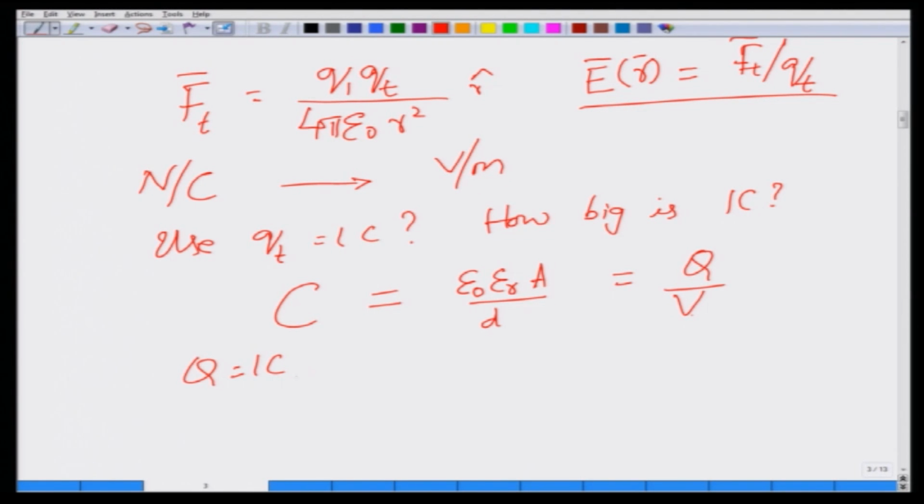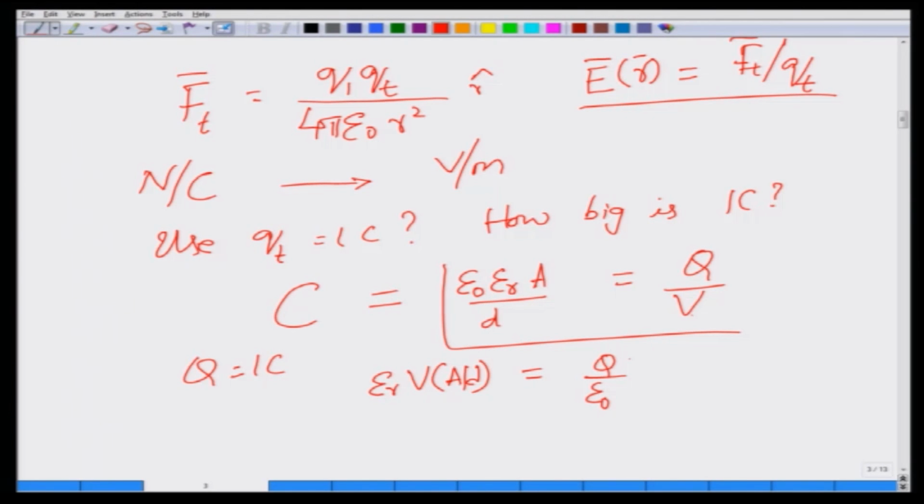So, with Q as 1 coulomb, I can use this equation to solve for certain parameters. I am not really interested in the exact numbers, just the order of magnitude of the results. So, I have epsilon r V A by d, with A by d in brackets because it is the ratio of the area to the separation between the two plates, and that will be equal to Q by epsilon 0.